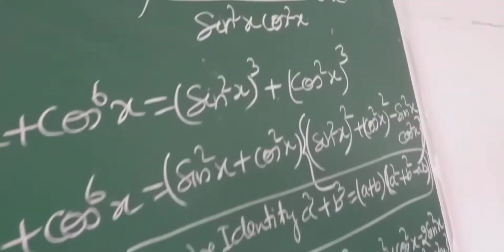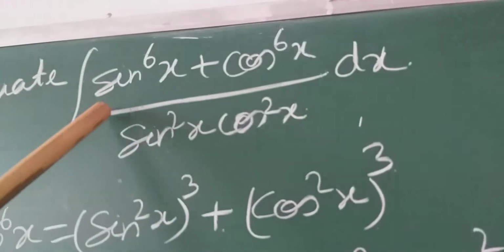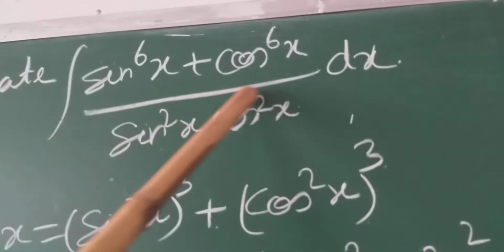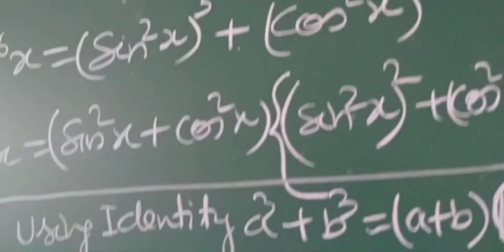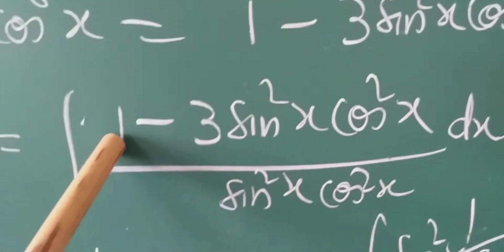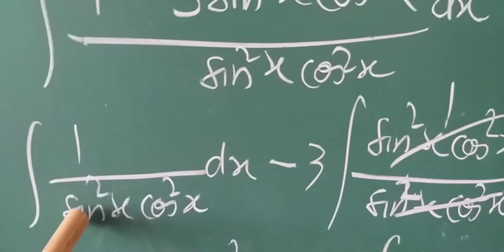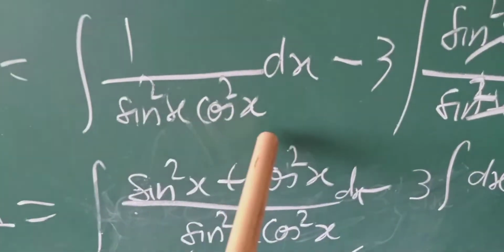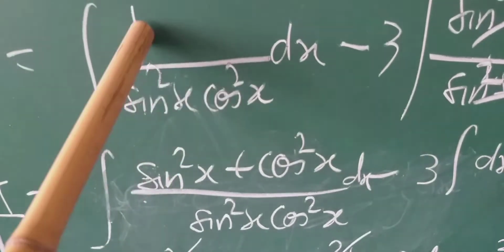Now students, in this question you can see there is a sign of division. So anyhow we have to remove it. To remove this sign, I first simplified sin to the power 6 x plus cos to the power 6 x. After simplification, I did separation here. Then you can see 1 upon sin square x cos square x; this part is a multiplication.